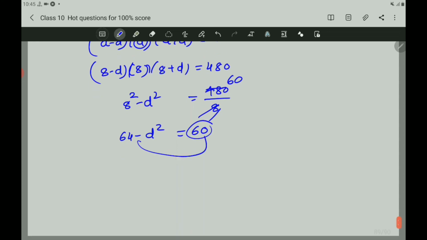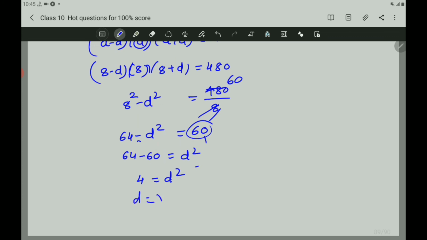Now you transfer this to this side and this to this side. So it becomes 64 minus 60 equals D square. Then 64 minus 60 is 4 equals D square.